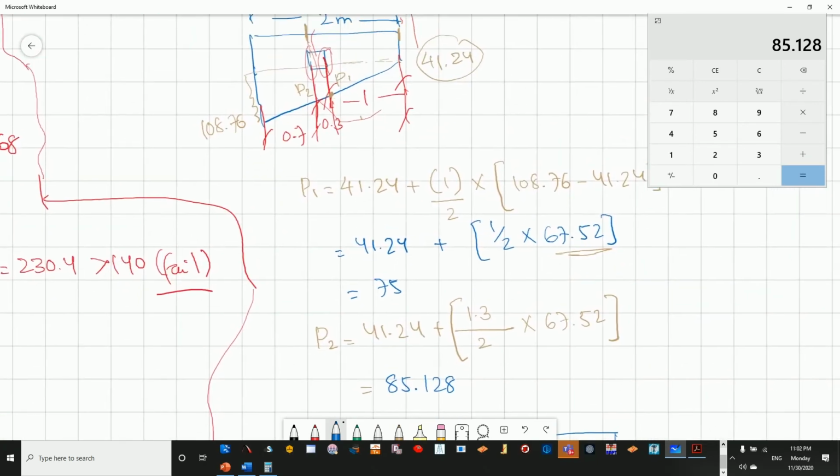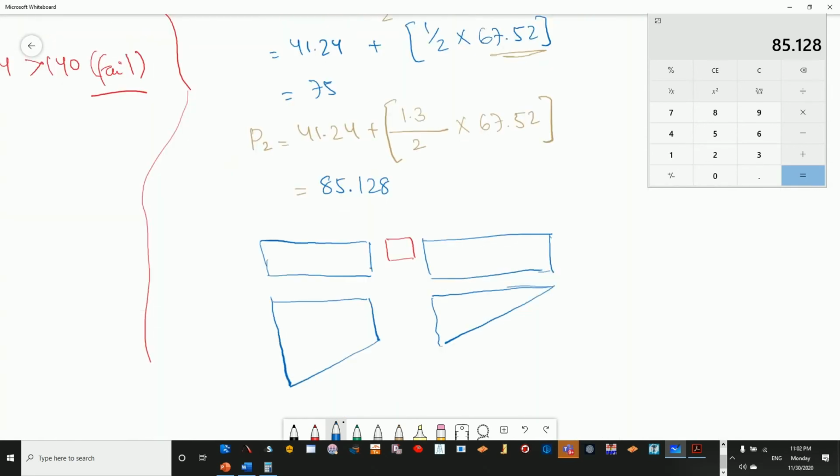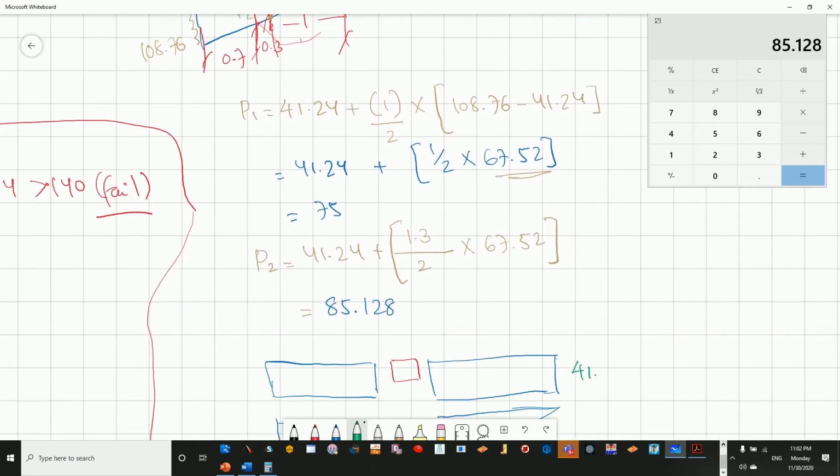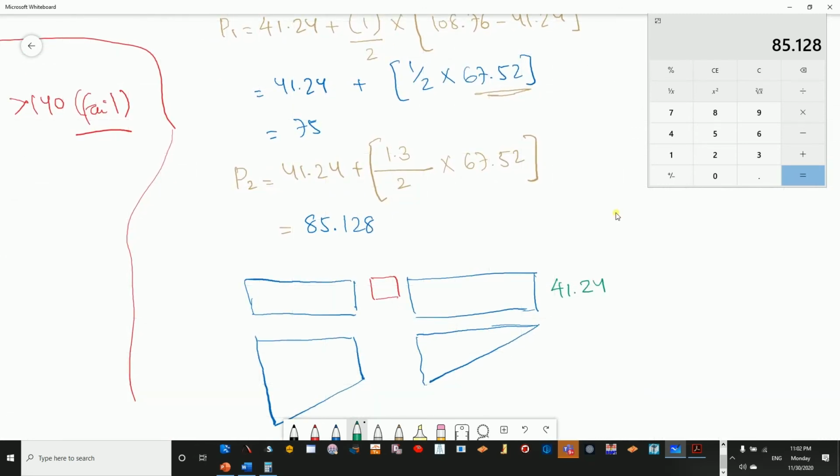We will find that this one is 41.24. This is going to be P1 minus 41.24, because P1 is the full distance.